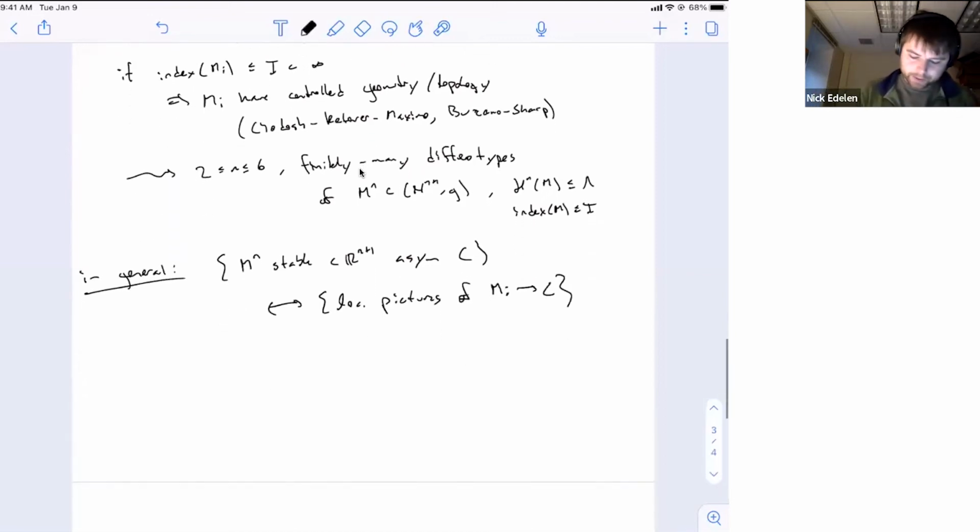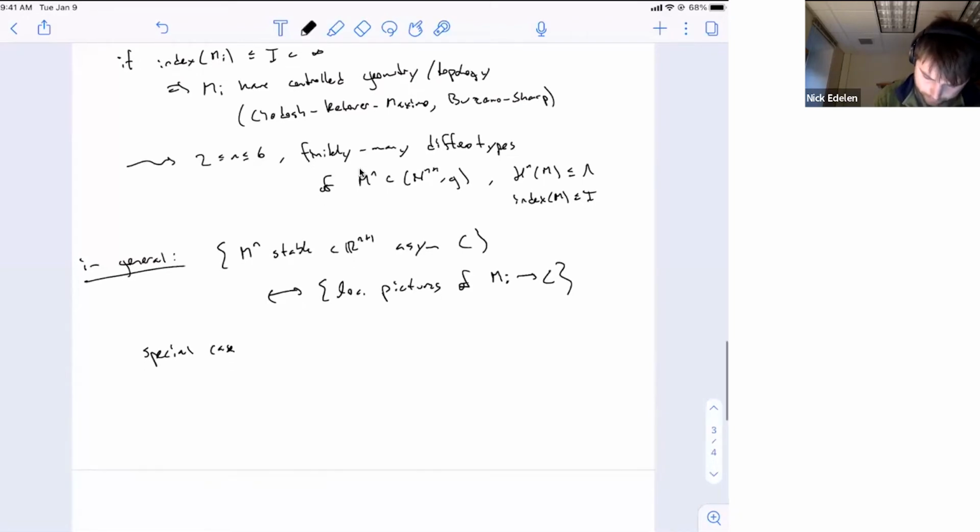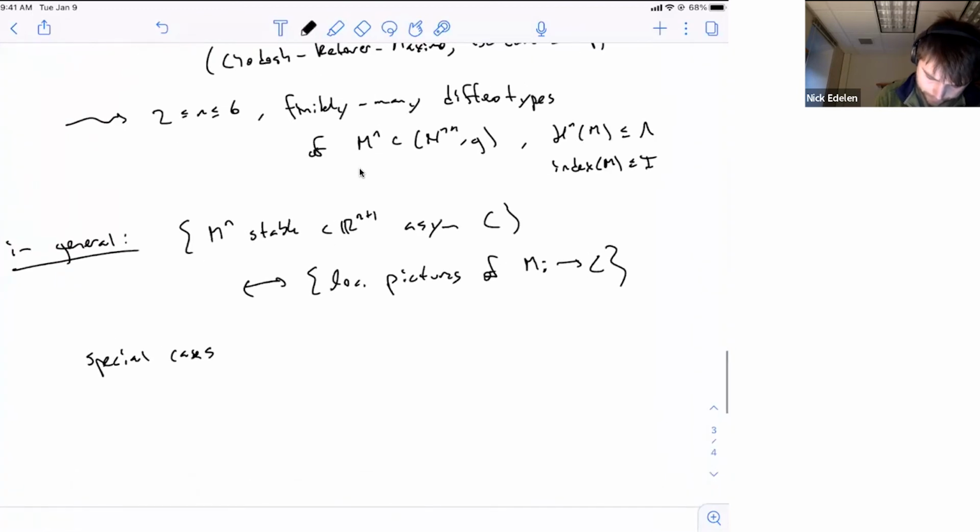Of course, making this dictionary work is fairly technical, but in some special cases this is done. So there are 3 special cases I wanted to mention in particular.